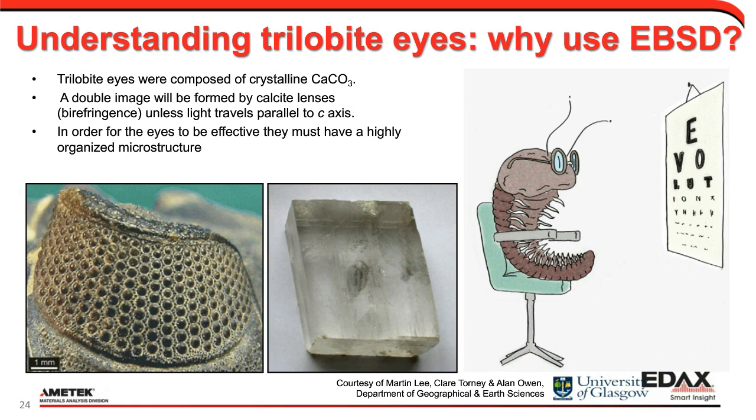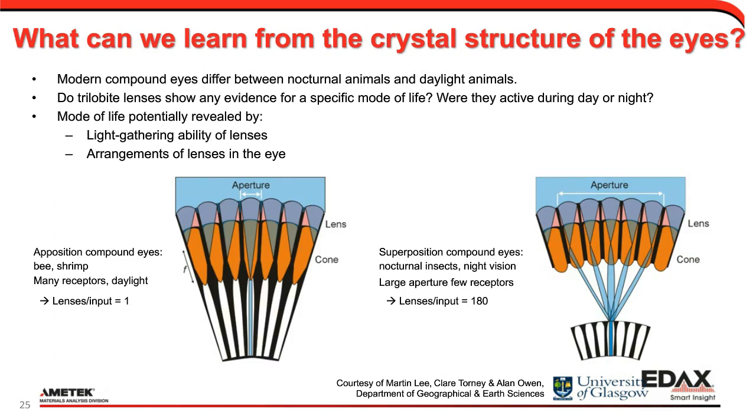We look at the comparison between different aperture structures and focal points within an eye in an organism, and we could actually tell the difference between nighttime organisms and daytime organisms because they adapt differently.